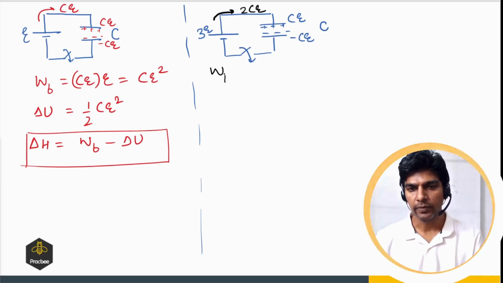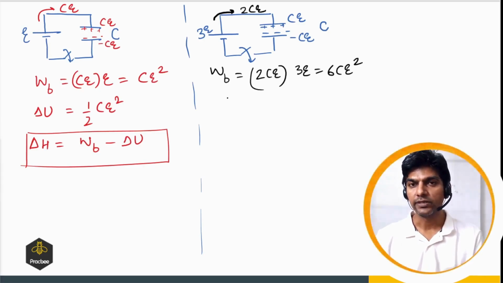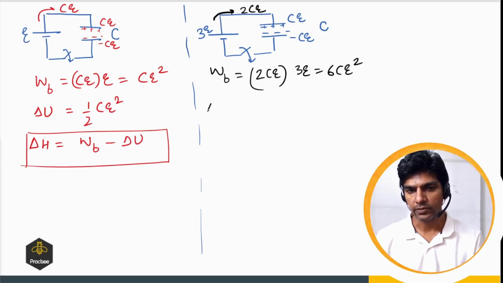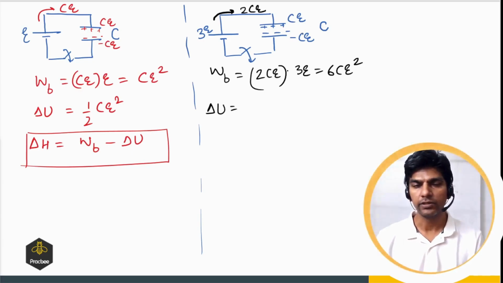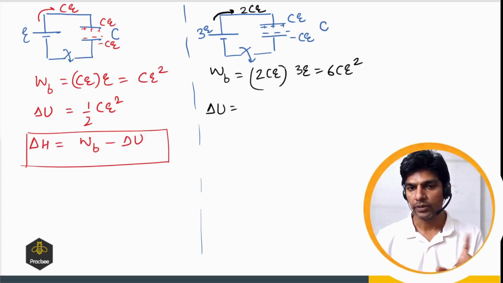So work done by the battery in this case will be 2CE times the EMF of the battery, so it comes out to be 6CE square. So what is the increase in electrostatic potential energy of the capacitor? Let us find that. Final charge we know and initial charge we know, right? And the energy will be Q square by 2C, so we can use that formula.